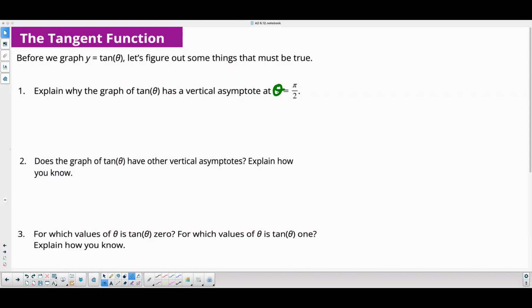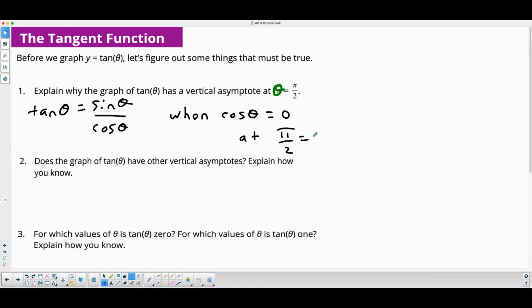So obviously, I'm going to just say here, tangent theta equals sine of theta divided by cosine of theta. And when cosine of theta equals 0 at pi over 2 equals theta, we can't divide by 0 because it's undefined.